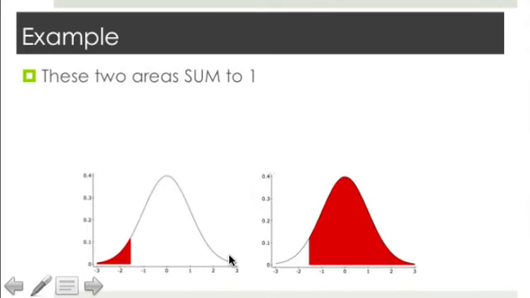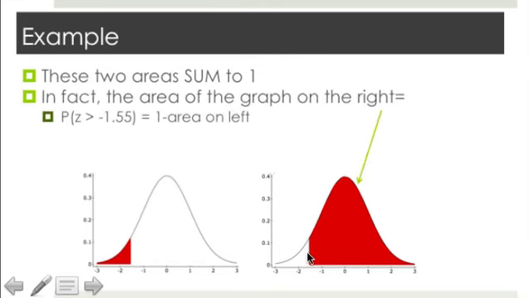So what we want to notice here is that these two areas that you see on the left and on the right, they actually add up to 1. When you add them together, you're going to get all of the area under the curve, which we know is equal to 1. In fact, the area of the graph to the right, which is the probability that z is greater than -1.55, is 1 minus the area on the left.